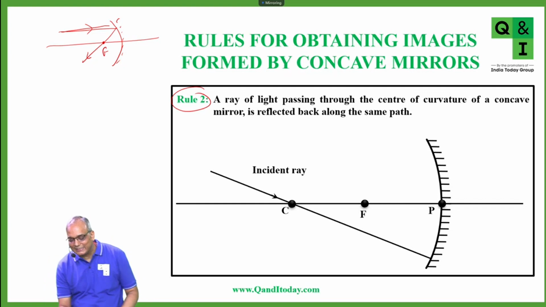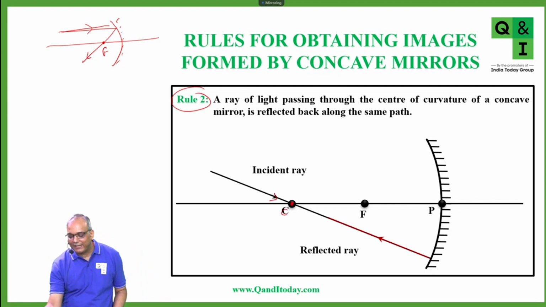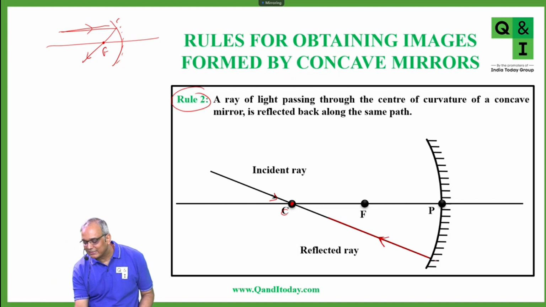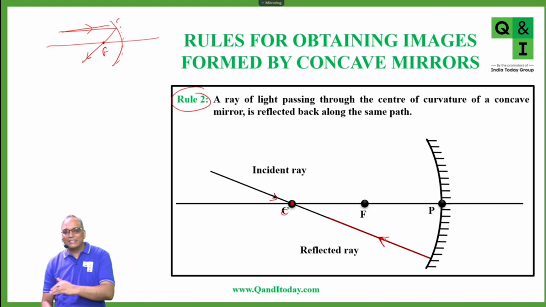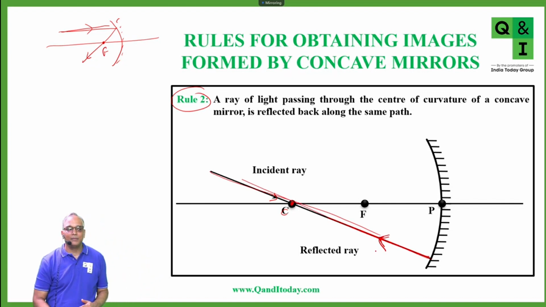So if the incident ray passes through the center of curvature, the reflected ray will follow the same path in the opposite direction. So the incident ray will come from here to here and the reflected ray will go back in the same direction. So this is your rule 2.